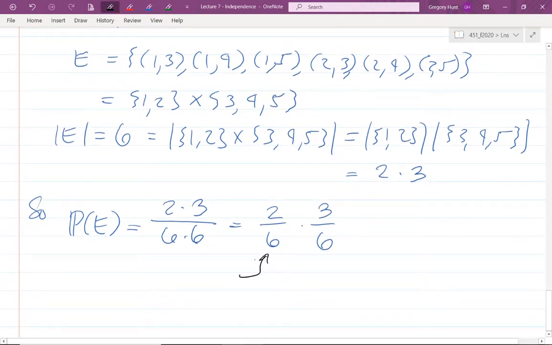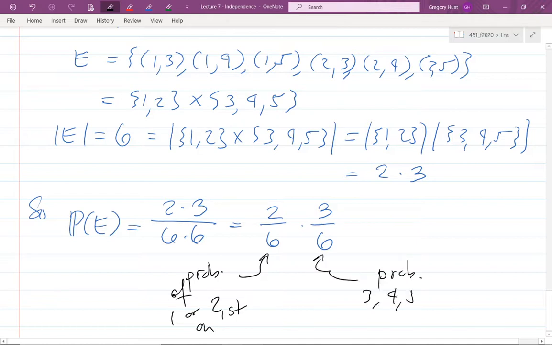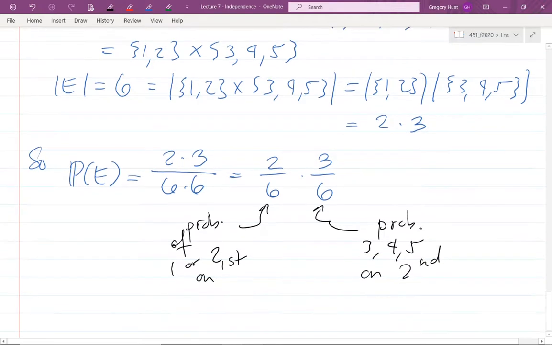Well, look, 2 over 6 is the probability of 1 or 2 on the first, and 3 over 6 is the probability of 3, 4, or 5 on the second. And so if we assume these are independent, we're just multiplying the probabilities of the two independent rolls.